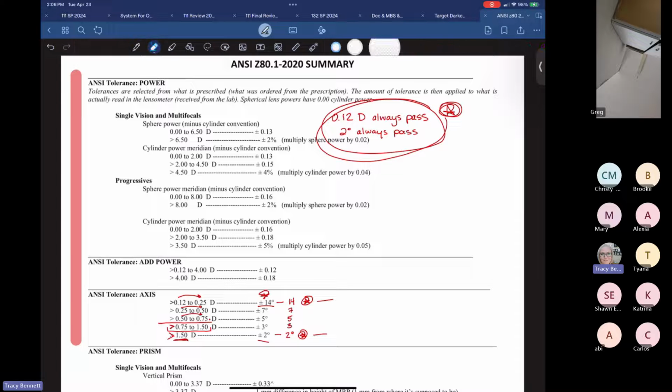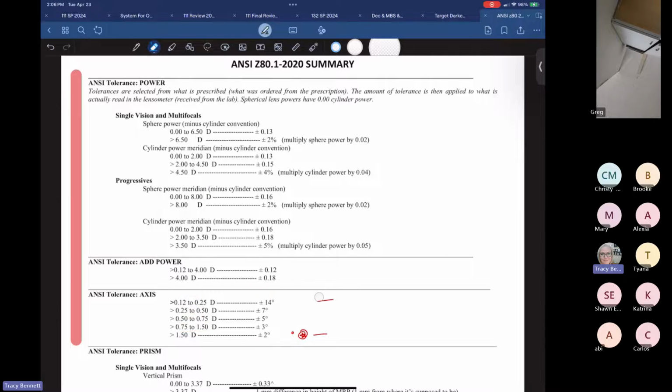But yeah, another one for as far as my class goes, because I want you to know how to use the thing and apply it really well. You're going to have some where it'll give you what your prescription is and what you received for an order, and it'll tell you which lens type.